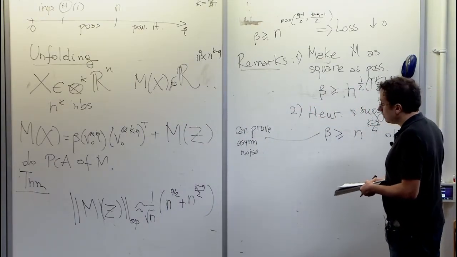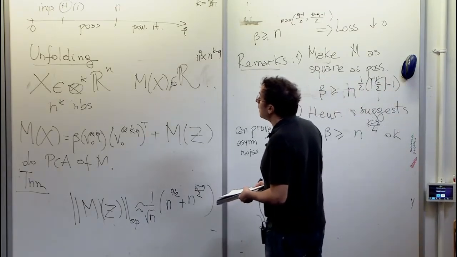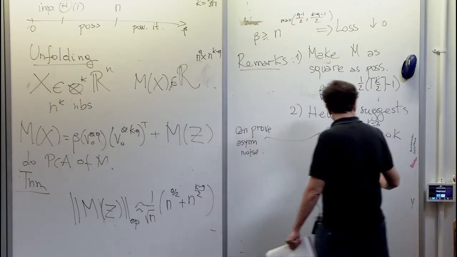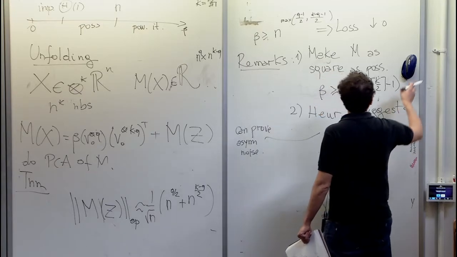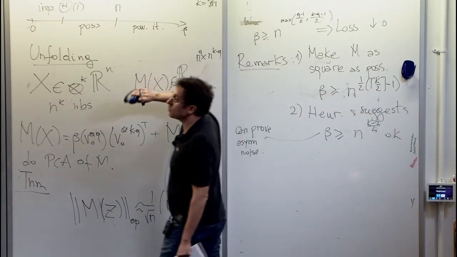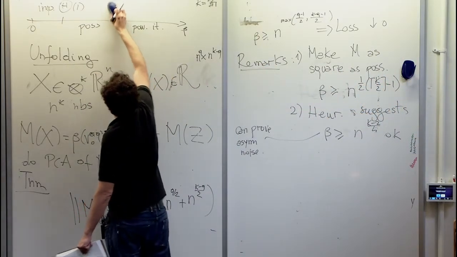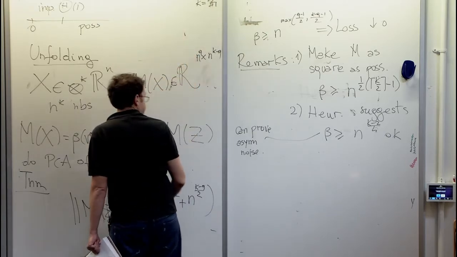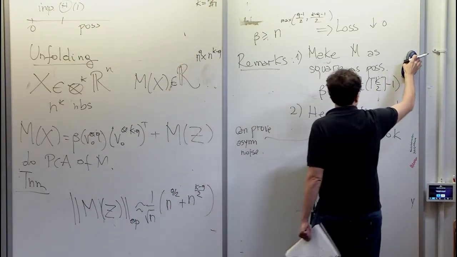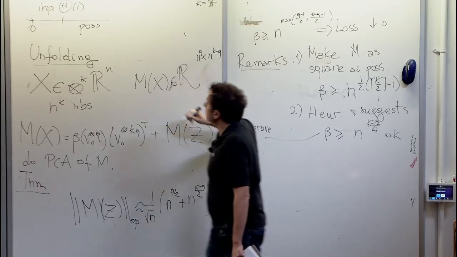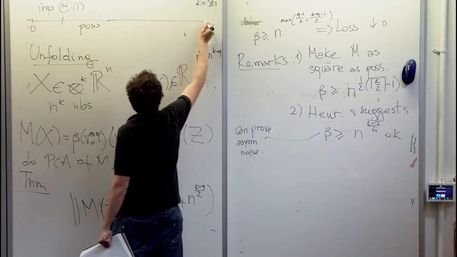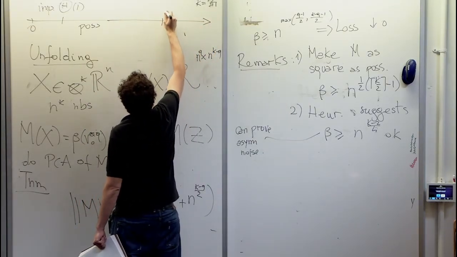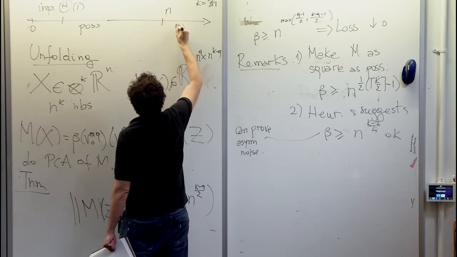So what does this tell us about our picture? Now the picture, perhaps I'll do it here, again for k equal 4. If we evaluated this for k equal 4, you get that n here is power iteration.